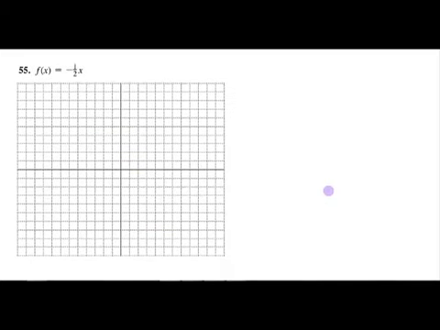Here f of x equals -1/2 x. We could make a t-table if we wanted, or we can go ahead and graph this using y equals mx plus b. Here I know that my slope is -1/2 and b is 0. There's no other term over here, so we know it must have been a plus 0.